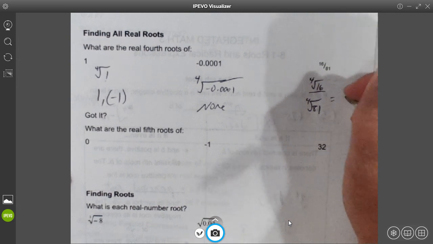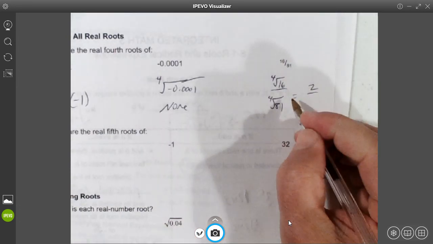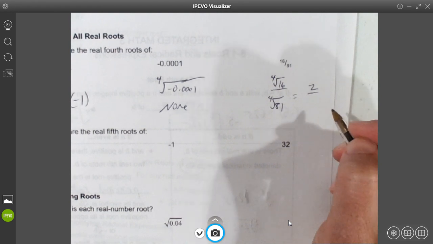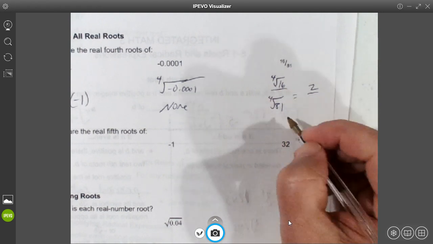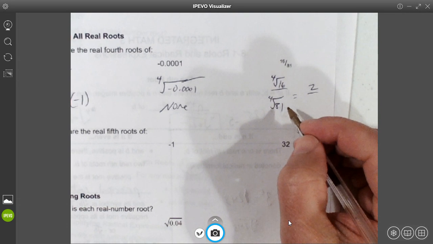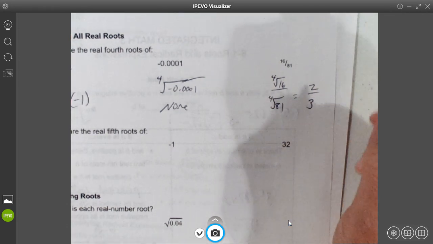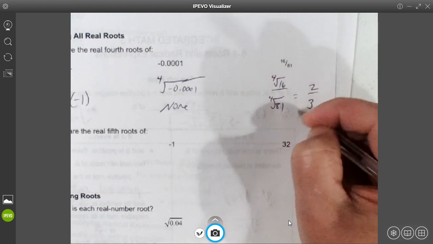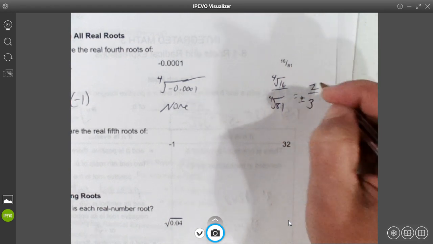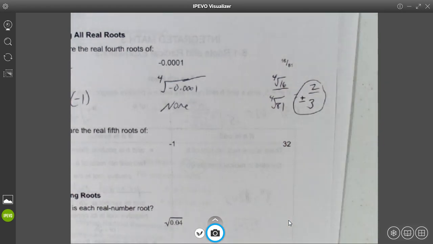So here I would get the fourth root of 16: what times itself 4 times gives you 16? 2, and we'll look at how to use your calculator to figure that out if you can't get that. And what times itself 4 times is 81? 3. So 2/3, but then we're also going to have -2/3 as one of those roots.